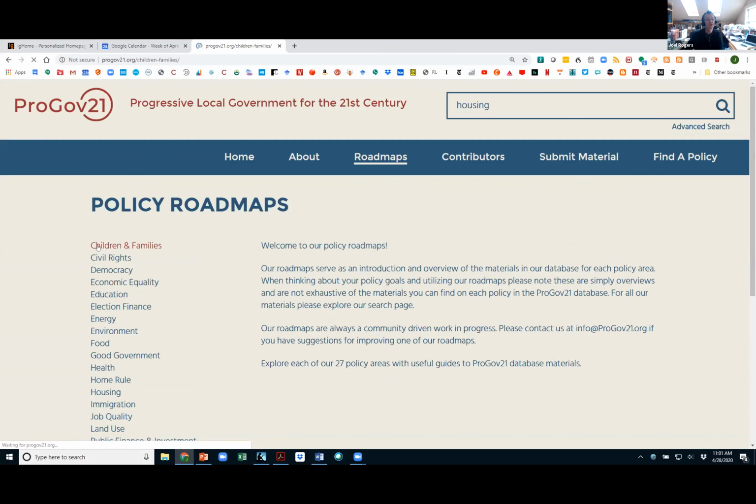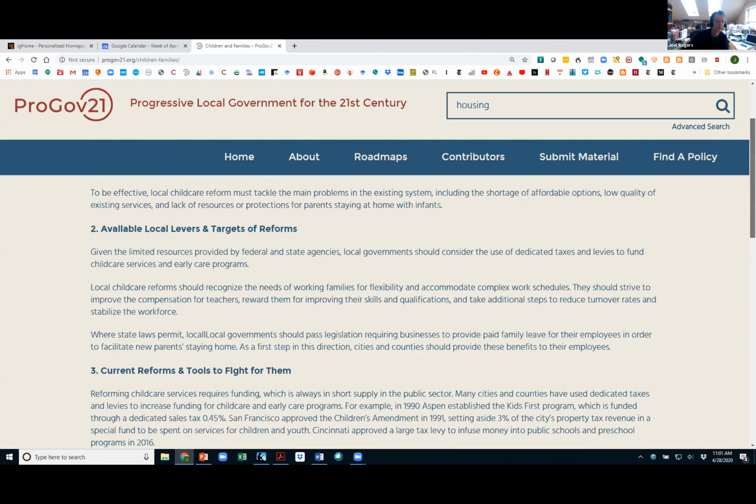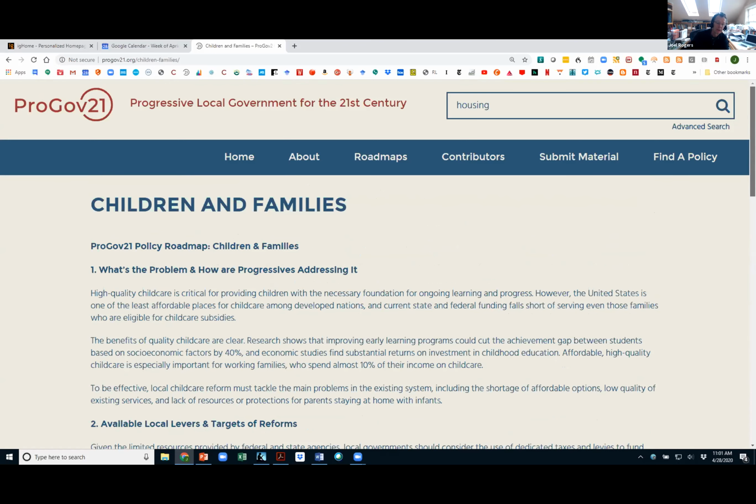But anyway, just to go to the children and families thing, just as an example, each of these roadmaps has 4 or 5 basic parts. One is it asks what's the problem, and then how are people trying to increase shared well-being, addressing it.